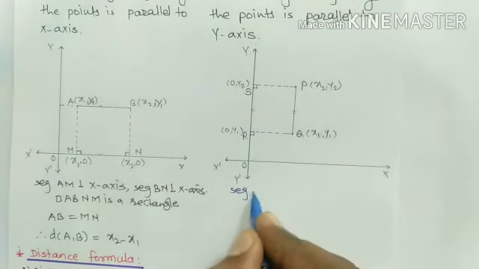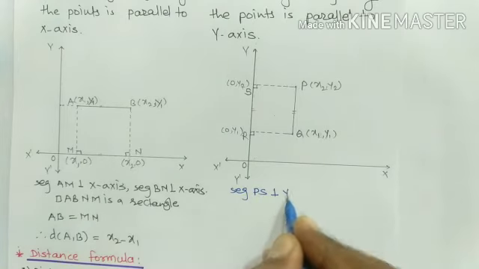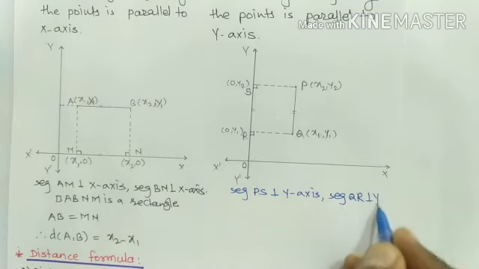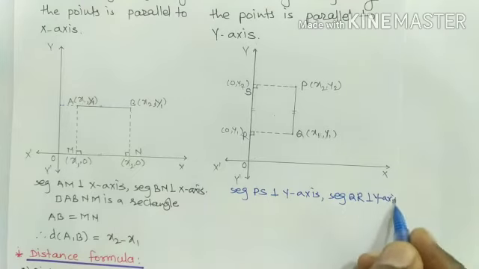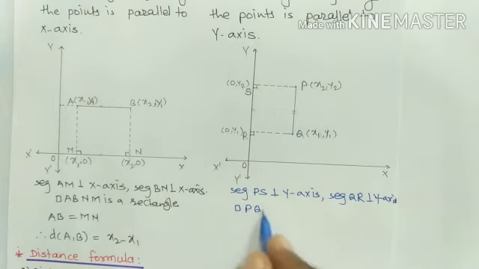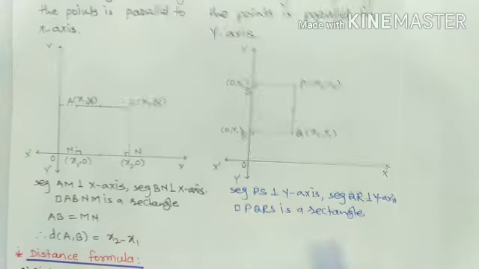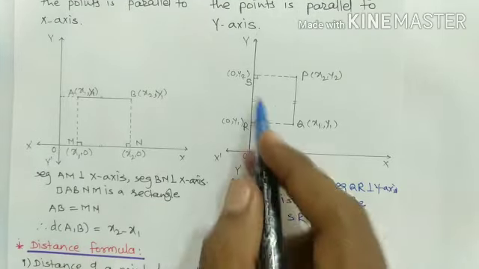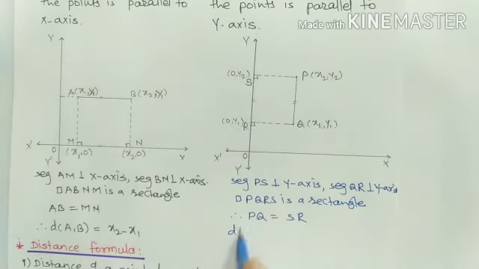See, segment PS is perpendicular to the y-axis and segment QR is perpendicular to the y-axis, and therefore quadrilateral PQRS is a rectangle, and therefore PQ equals SR. We know that distance SR equals y2 minus y1, and therefore distance PQ equals y2 minus y1.